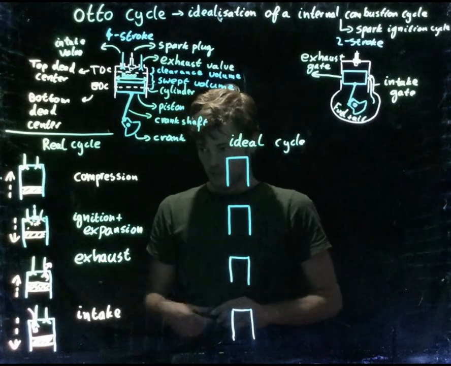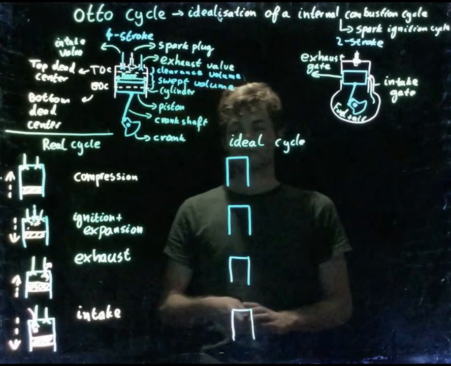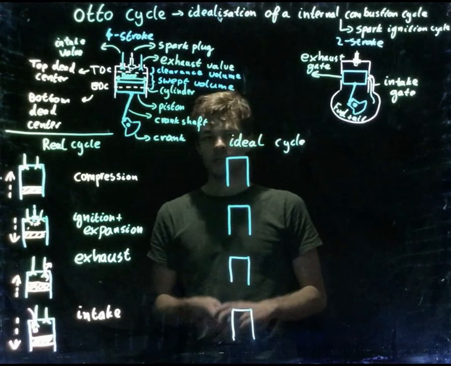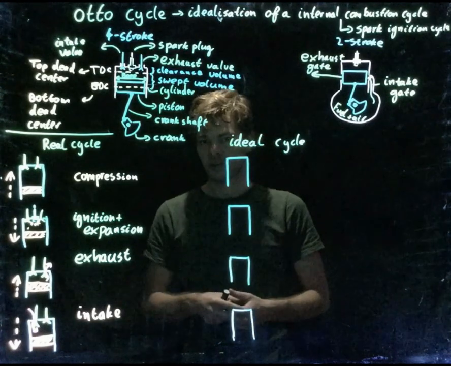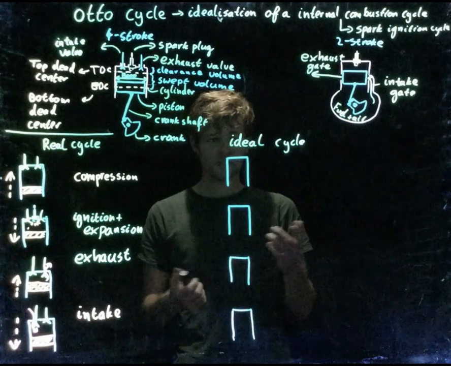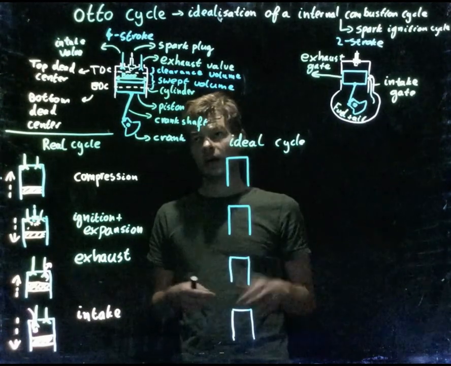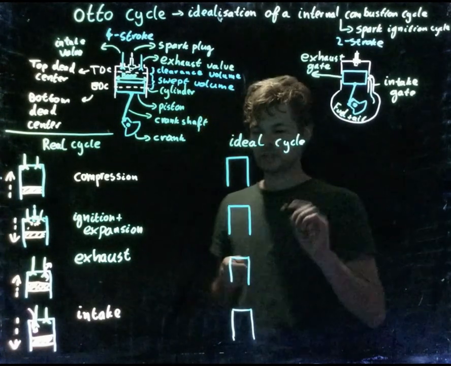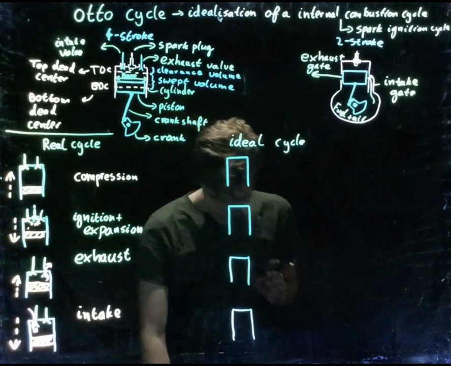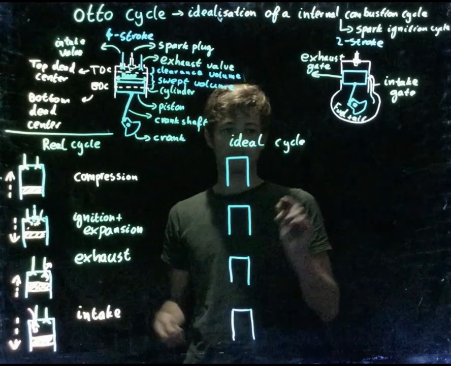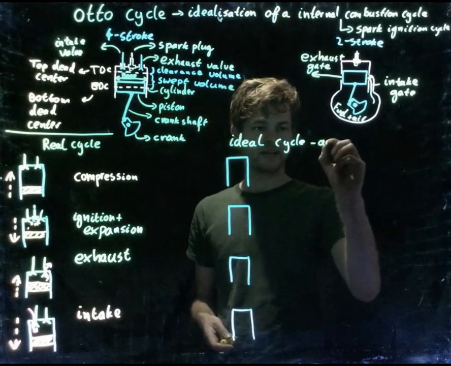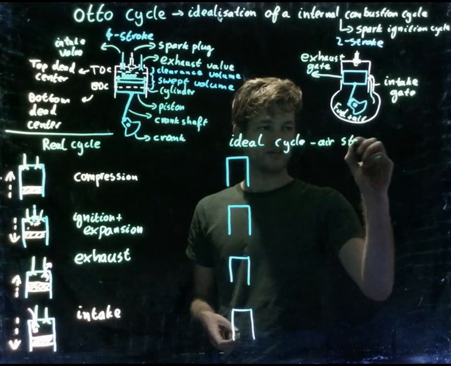Okay, since this cycle is really hard to describe thermodynamically, we want to idealize the cycle. And this can actually be done by using the air standard cycle. So it's an air standard cycle.